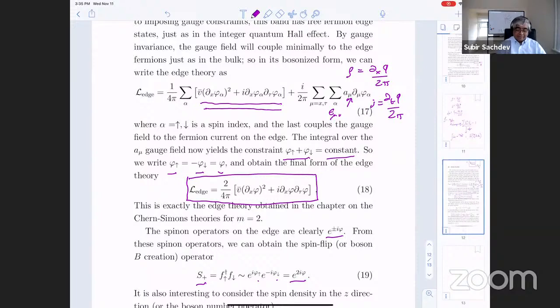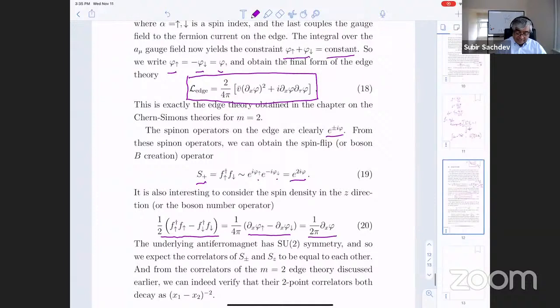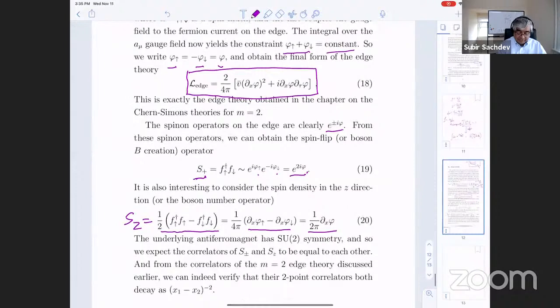But if things were right, you should find that the physical operators like S plus and SZ should have the same correlation functions. But they look very different. One is e to the 2i phi, and one is 1/2 pi grad x phi.